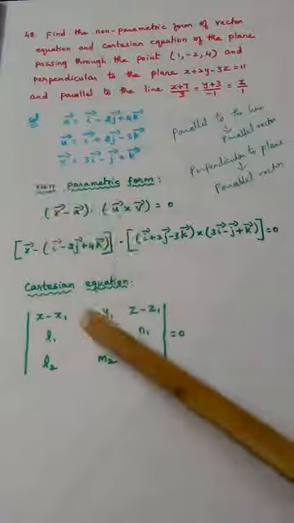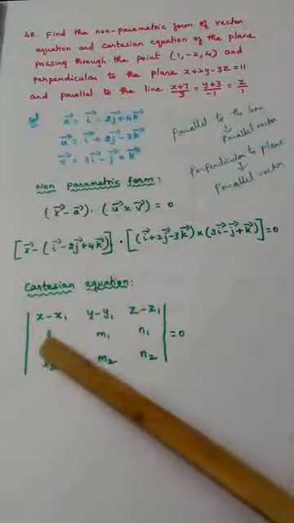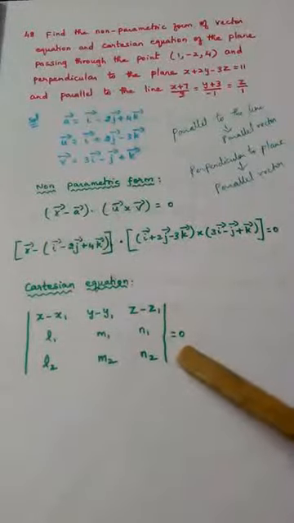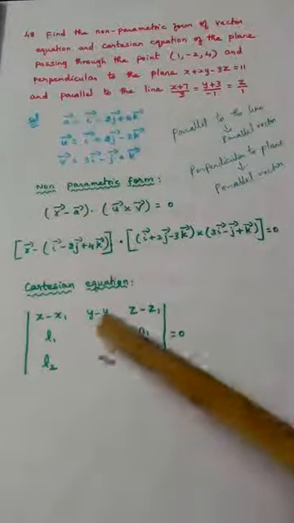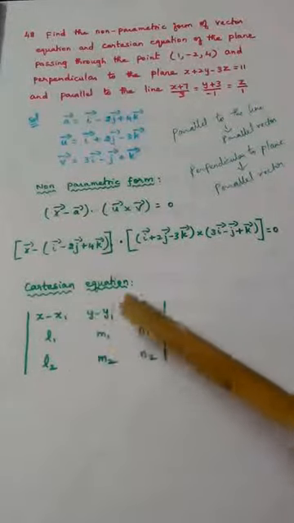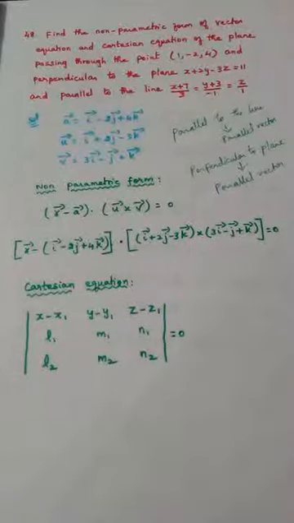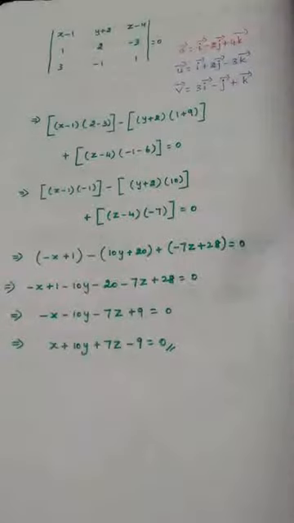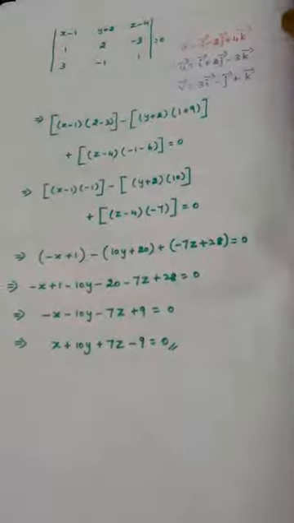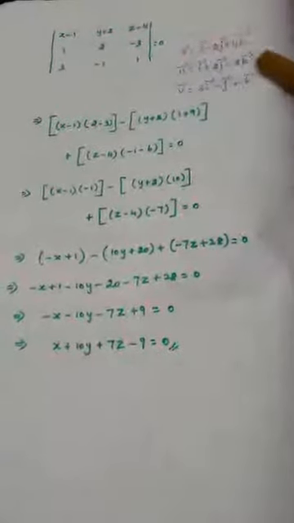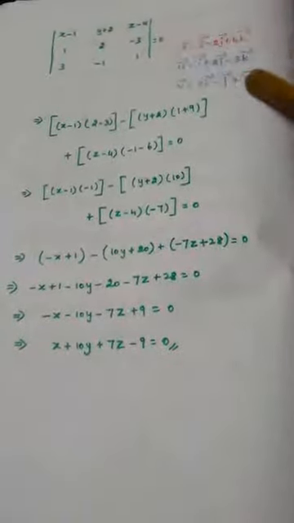Since the plane passes through 1 point and 2 parallel, second row and third row we will have L1, M1, N1, L2, M2, N2, which is for parallel vectors. X1, Y1, Z1 is nothing but point. So now we have to substitute and expand the determinant, that's all, right? Now see, for our reference we are writing once again all the three values, a vector, u vector, v vector.